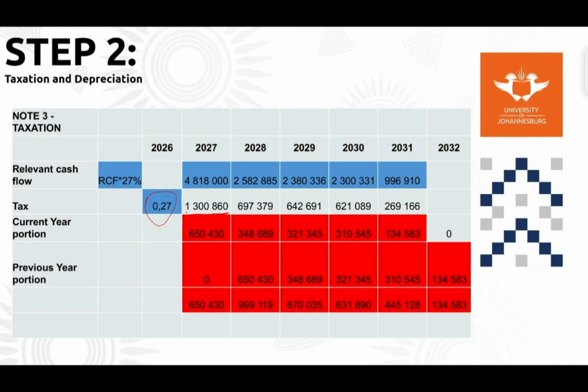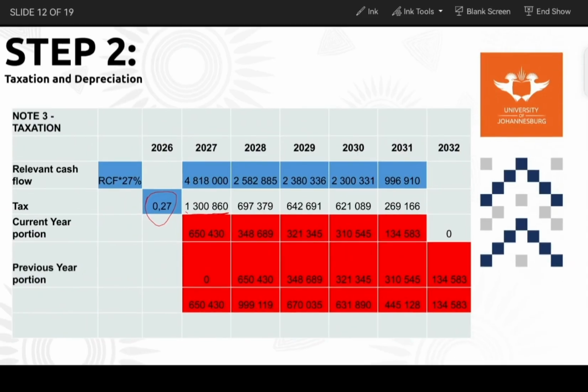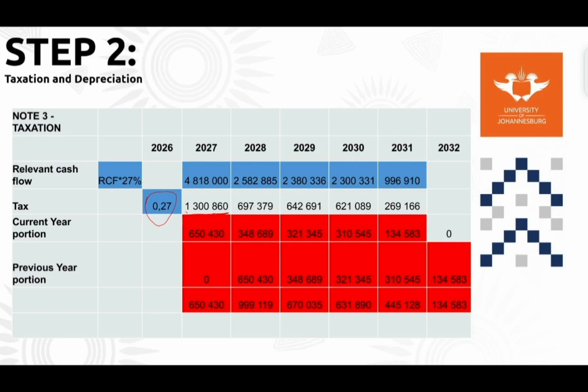And there were no other things that you incurred in 2026, because our project starts in 2027 and profits are realized in 2027. So in 2028, you would then take your value and you multiply it by 27%, you get it there, and then you divide it by 2 to get this value, and then with this value you add it to the previous year's portion from 2027.